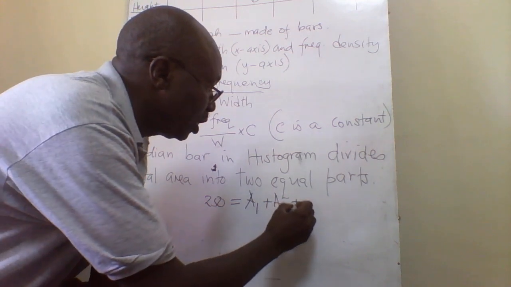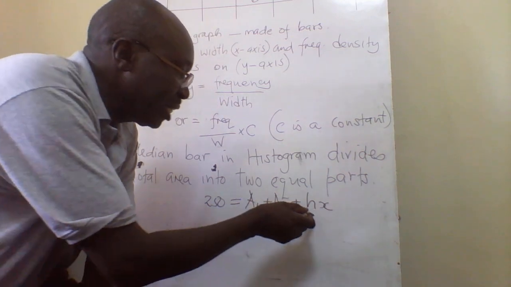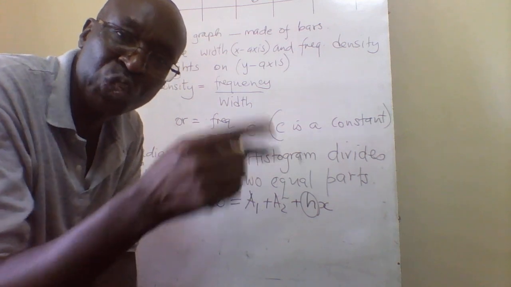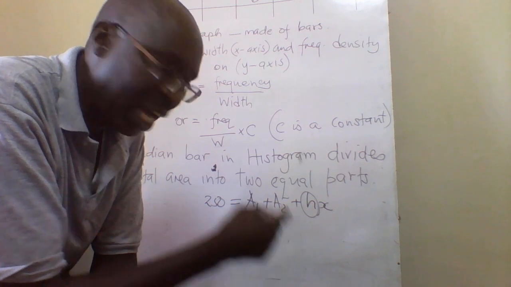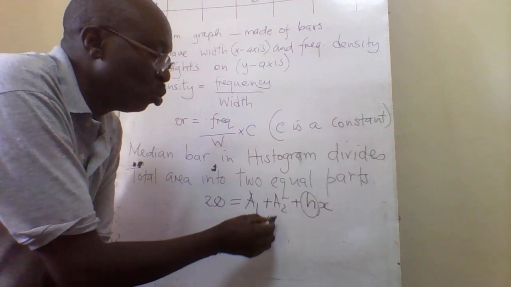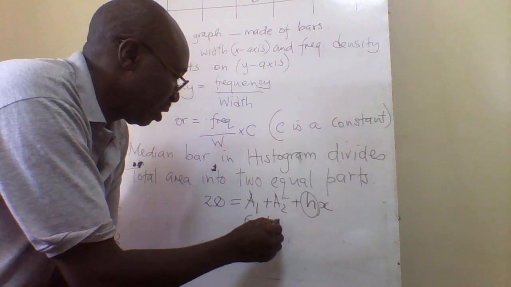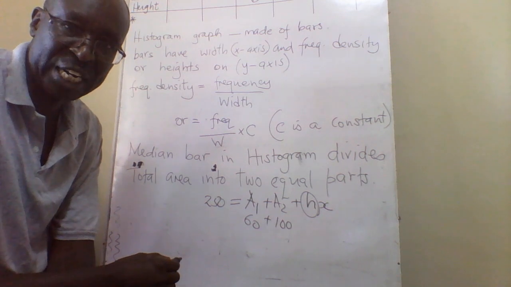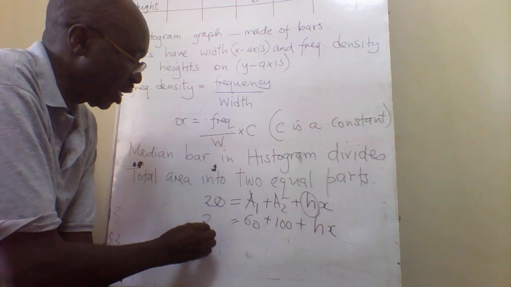So what you do is you say height times x. The height will be known because you will have already drawn the graph. For example, area 1 was 60 and area 2 was 100. Therefore, I will say plus hx is equal to 250.